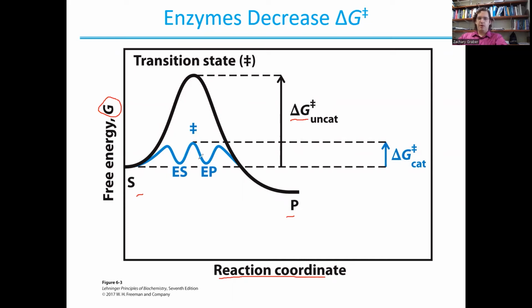So now we just have these small bumps in between our substrate and our product, rather than this large activation energy barrier. Again, note that this gap here, our free energy of the reaction, is the same. There's no difference between the free energy of our substrate and our product compared to the uncatalyzed reaction.